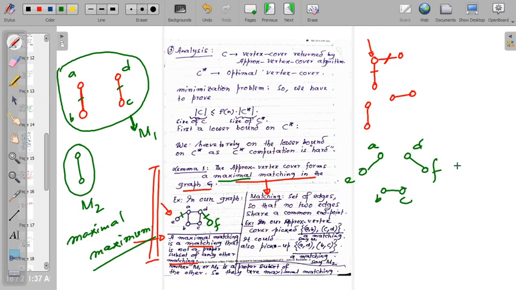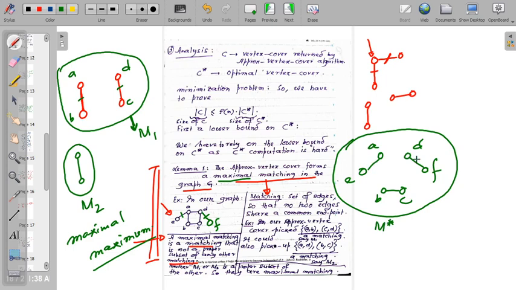You see, these are also a matching, and in this case, we name it M star.